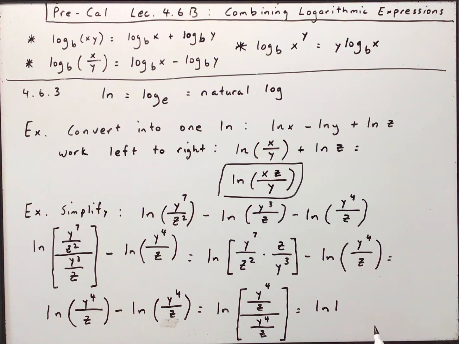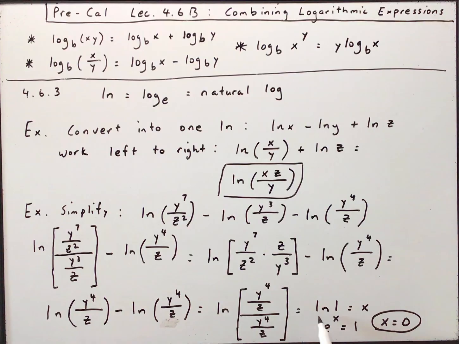Okay, so if we set that equal to x, that's like saying natural log is base e, so e to the x is equal to 1. Well, what power is x in order to equal 1? Well, it has to be 0. x equals 0.